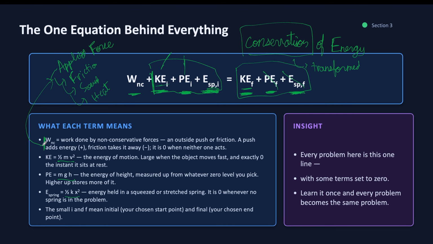And work non-conservative is just the force, right, times the distance. So the reason we put that over here is because you start with that work, right? Or imagine if this was force of friction times d, right? Then what can we say?